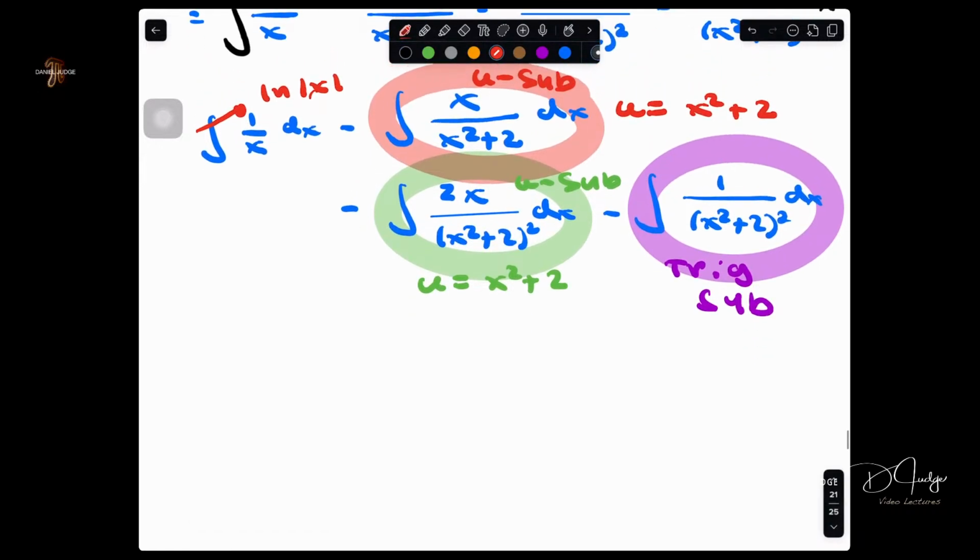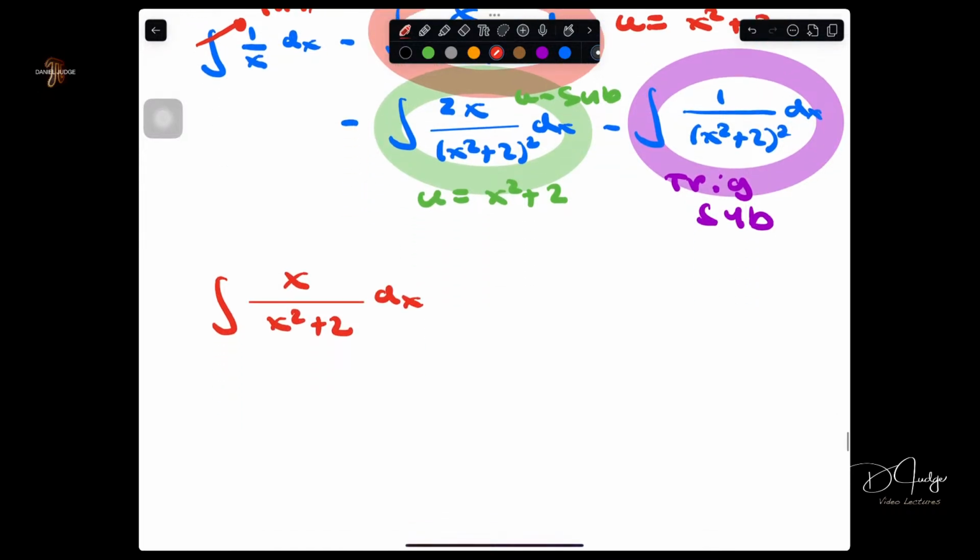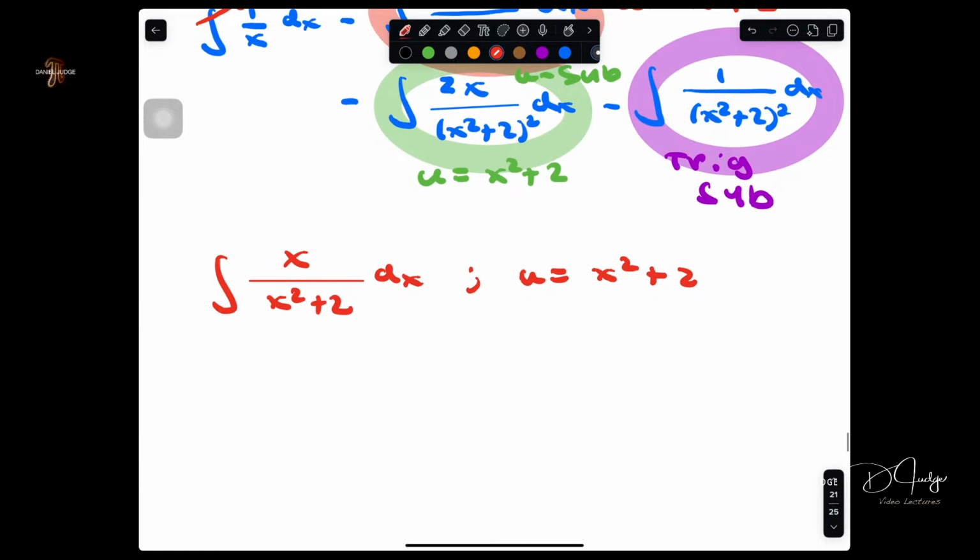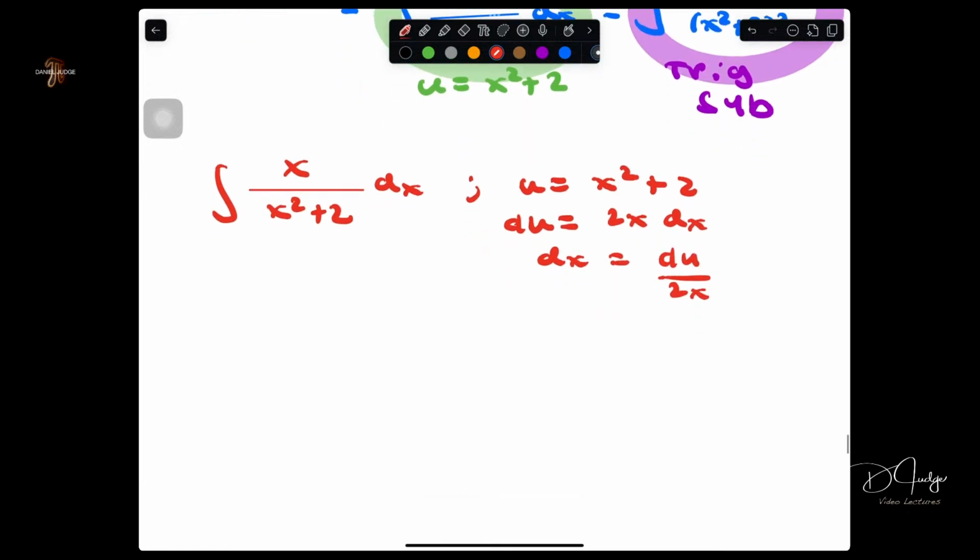Okay. So the first integral here, we're going to do the work in red. x over x squared plus 2 dx. Well, u is x squared plus 2. du is 2x dx. dx is du over 2x.